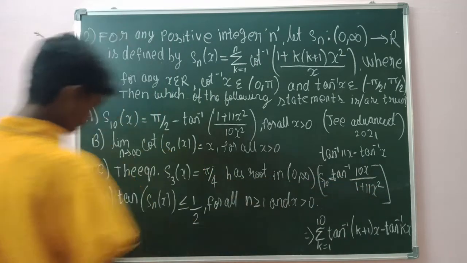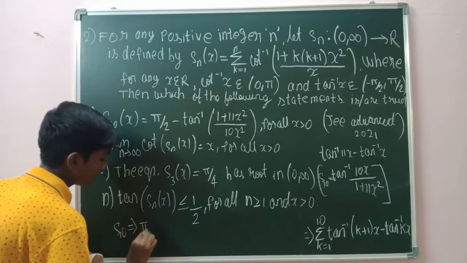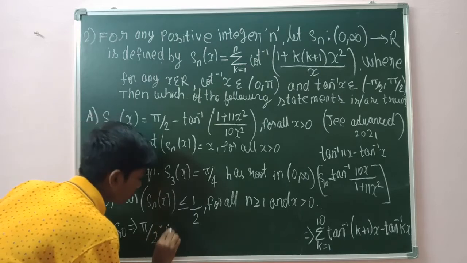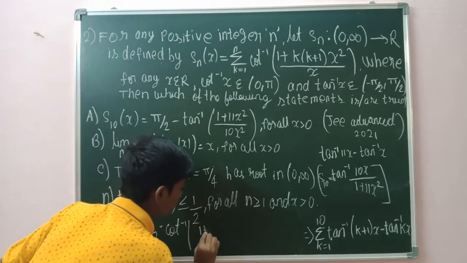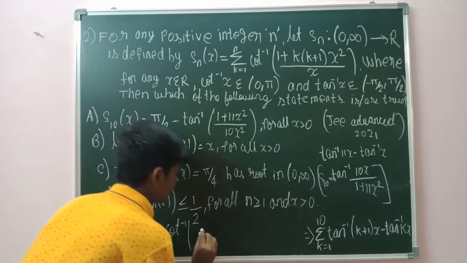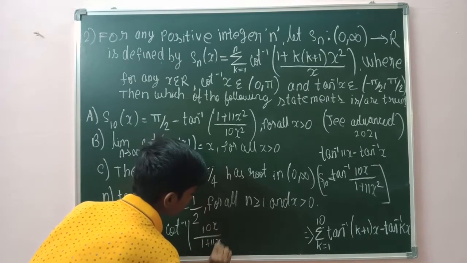Now I can write the same S10. Listen very carefully. Using one property of inverse trigonometric functions, I can write this as pi by 2 minus cot inverse of 10x by 1 plus 11x square. You know this property, na?